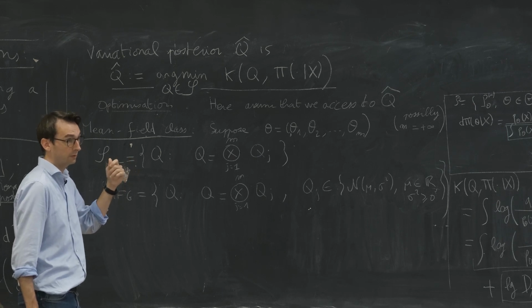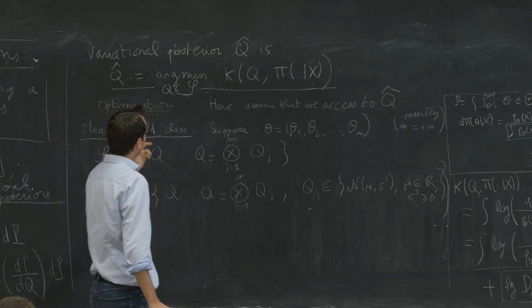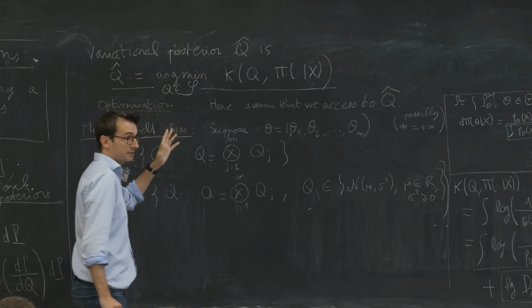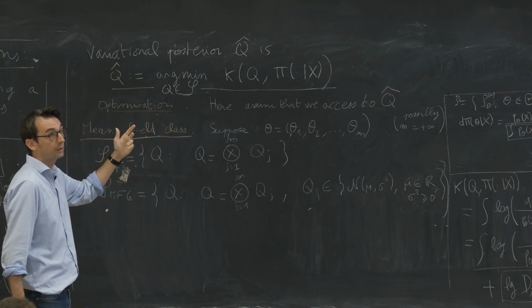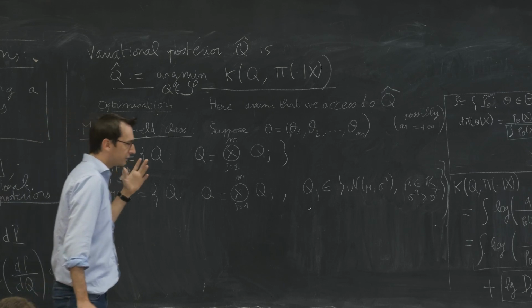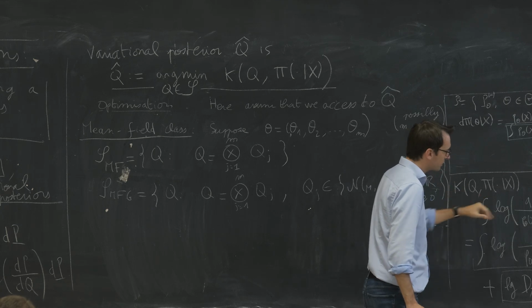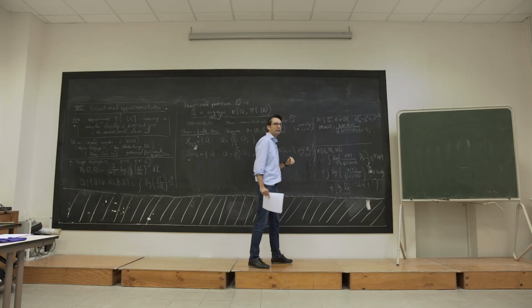So you approximate the distribution. Here it's a problem of slightly different nature. We optimize. So in a sense, we want to find a minimizer. So indeed, at first sight, I agree that it's not completely obvious why this problem is much easier.